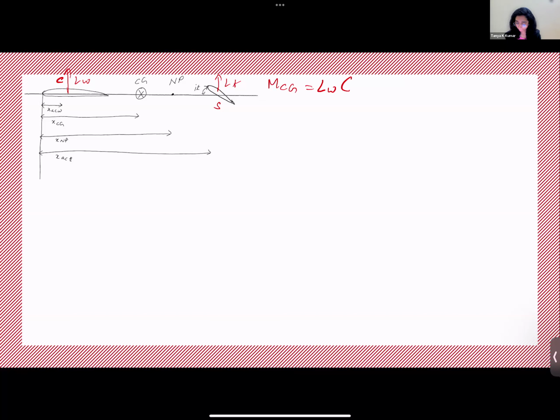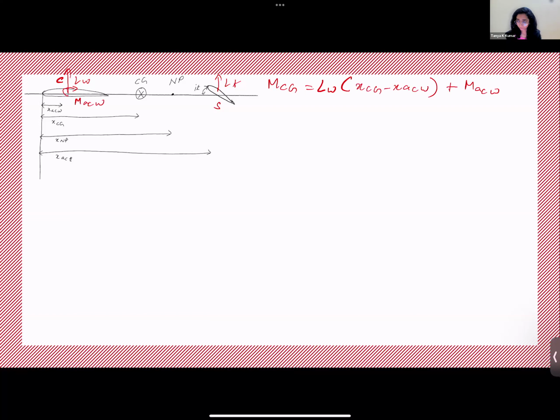It will be XCG minus XAC wing, so force into the distance. Plus, it's a cambered airfoil, so it has a moment, right? So you have an MAC wing that will also be transferred to CG.